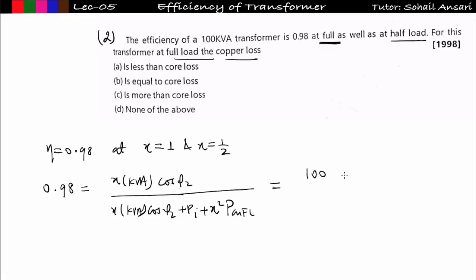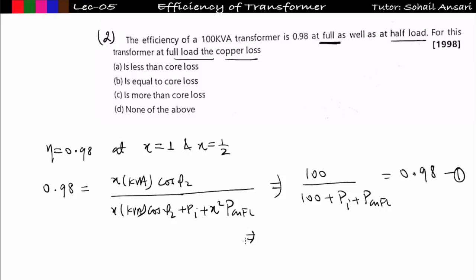Let us write in kVA only. Power factor is not given, so take 1. Suppose in a question the power factor is not given, then take power factor as 1. So it will be 100 by 100 plus Pi plus PCUFL, equal to 0.98. By taking x equal to 1, I get the first equation.